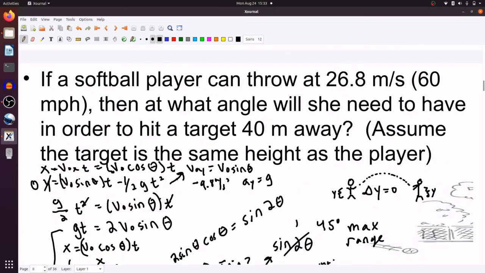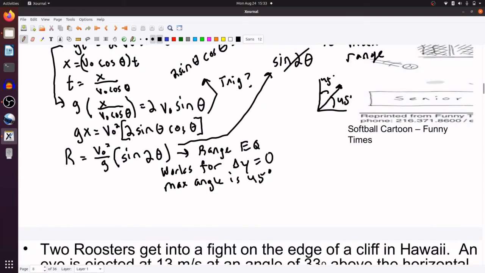So to solve for it, we know that our range is 40 meters. So 40 meters is equal to, and we know that our speed was 26.8 meters a second squared over g. Now, remember I kept saying over and over again in this chapter, g is always a positive value.